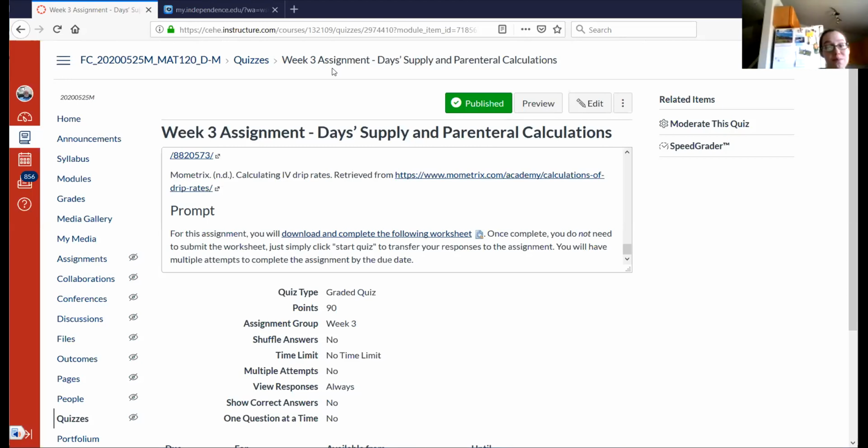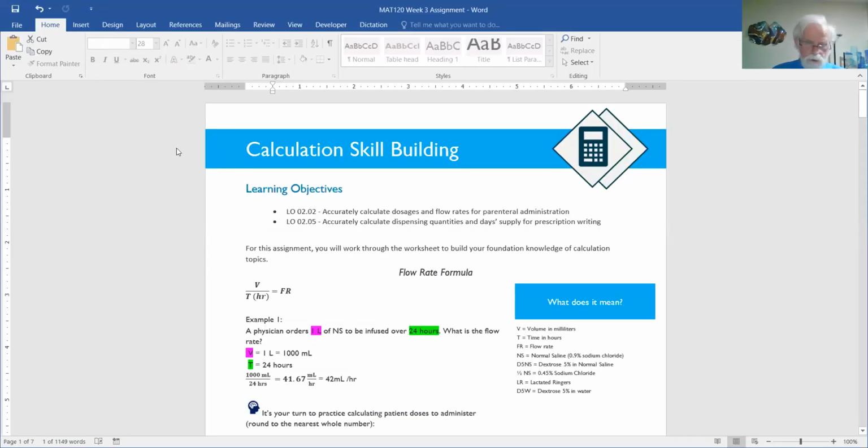My Zoom wanted to update and all of that, so I was like, oh, lovely. I wish you would have done this last night. Yes, sometimes technology feels like it has a mind of its own. Aha, here we go. Okay, so you should be able to see this assignment sheet here.